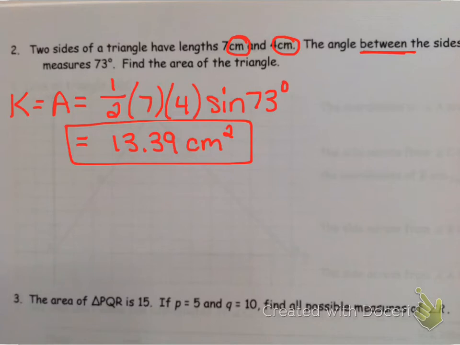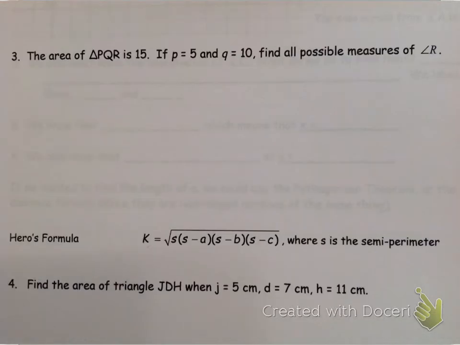Okay, now as always, every equation we give you, we work it forwards and backwards. So if I've got triangle PQR, and I know side P and side Q, I need to find all of the possible measures of angle R. And so my area formula says K is 1/2.